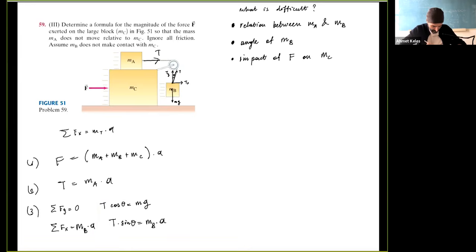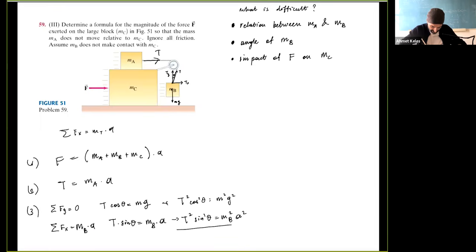So if I square this one, I have T squared cosine squared theta equal to MA squared A squared. Now if I square the other one, T squared sine squared theta is equal to MB squared G squared.